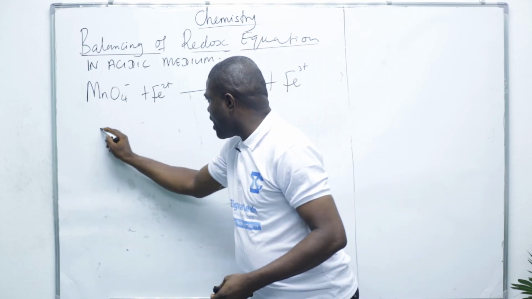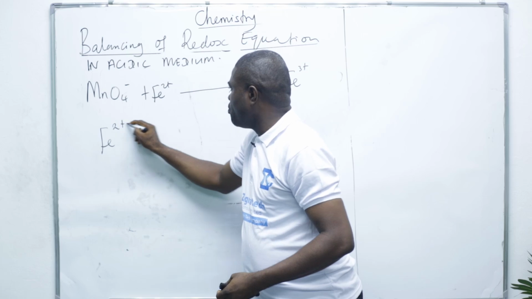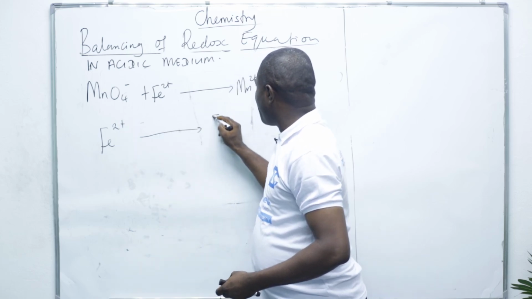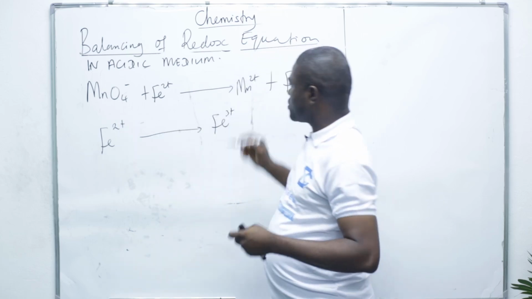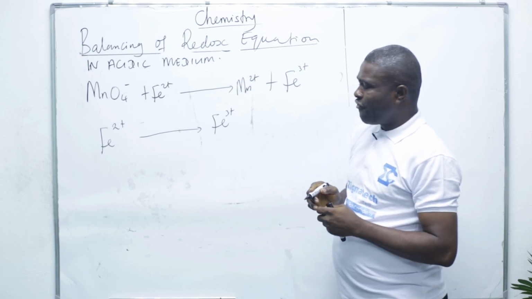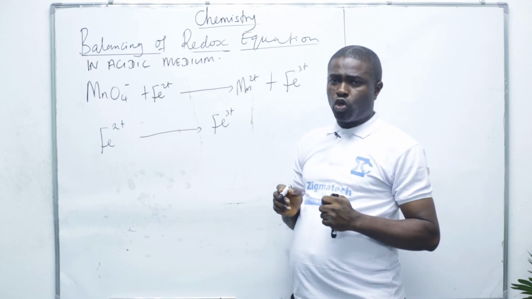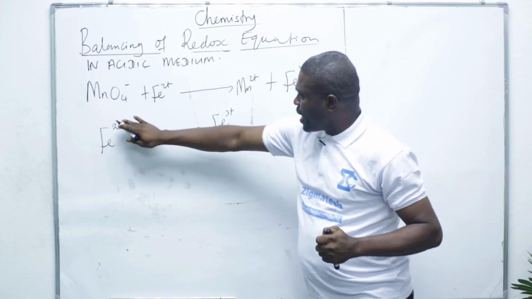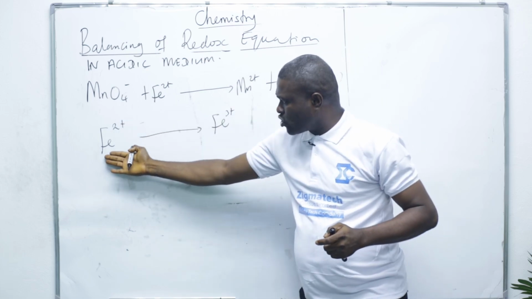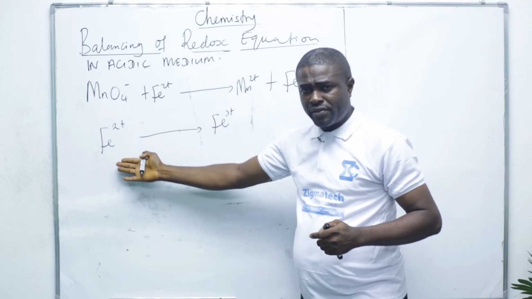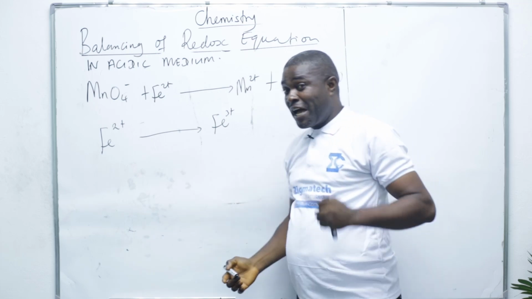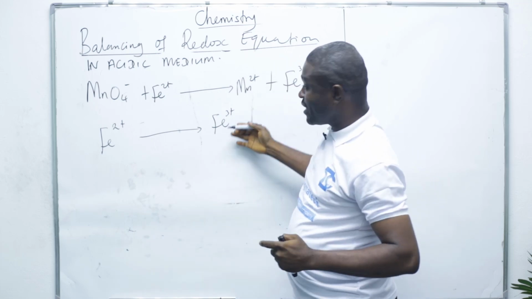Let me pick Fe2+ moving to Fe3+. First of all, balance in terms of atoms. Forget about the charges now. How many atoms of iron do I have here at my left hand side? 1. And how many atoms do I have at my right hand side? Also 1.